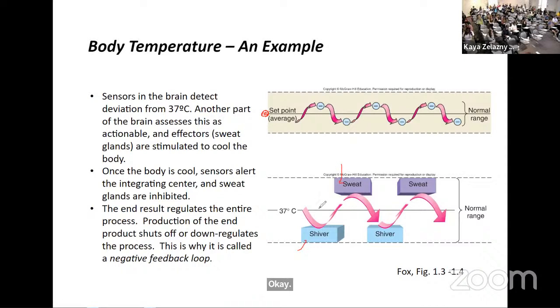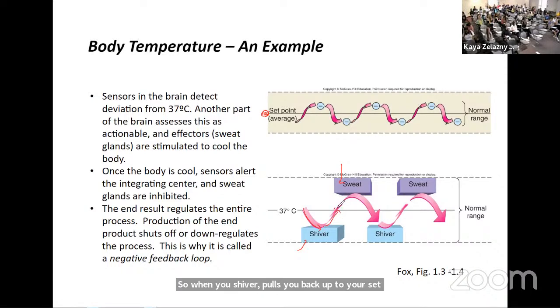You probably all know this, that if you get cold, you start to shiver. When you're shivering, you're expending energy to lightly move your muscles, and this produces heat as a byproduct. So when you shiver, creating that heat pulls you back up to your set point.